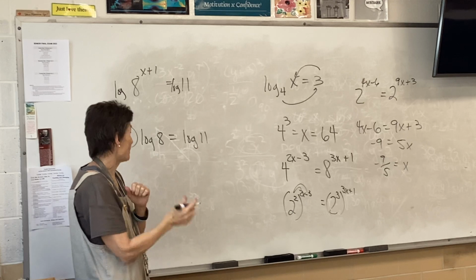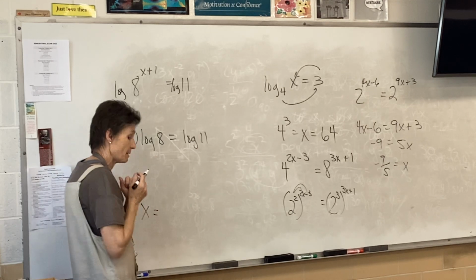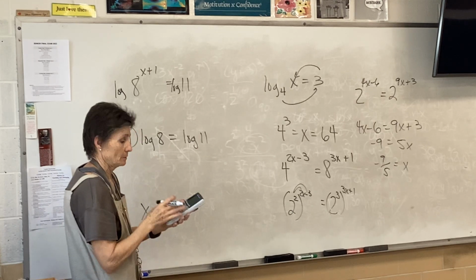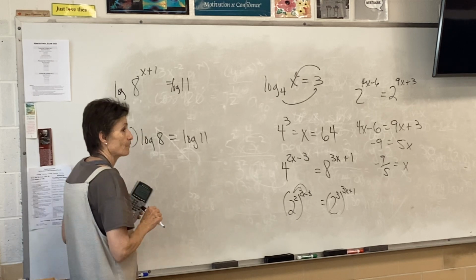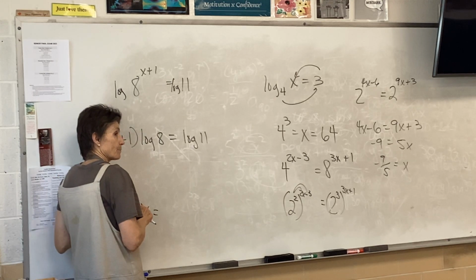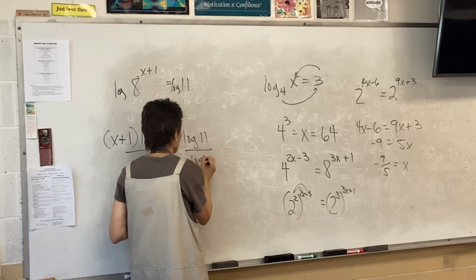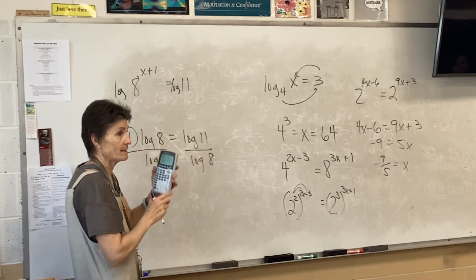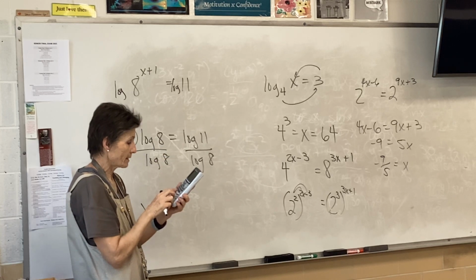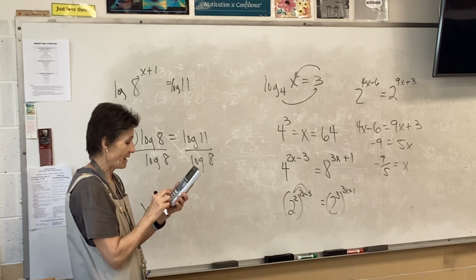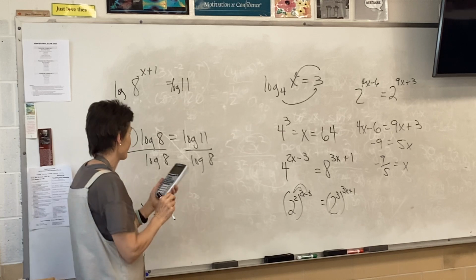Our job is to get x by itself. So what do you think maybe we ought to do? Well, I'm going to put something in my calculator, but I've got to know what to put in. How about if I divide by log 8? So log 11 divided by log 8.